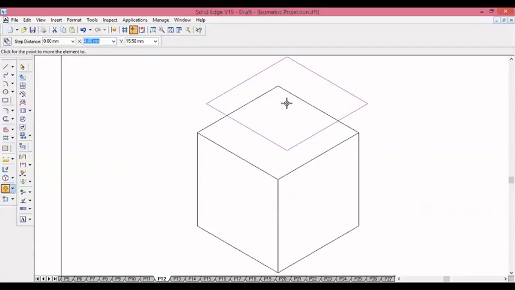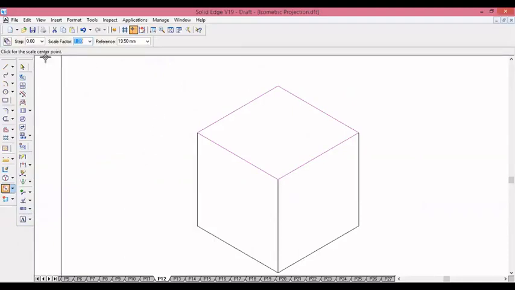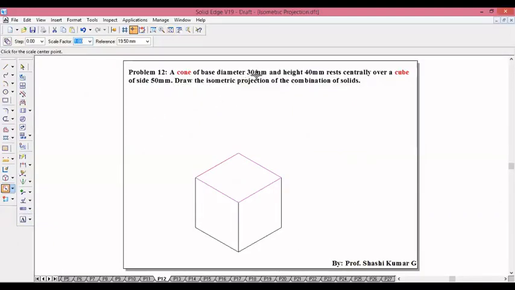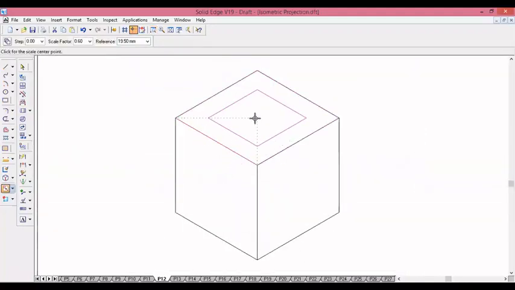From that center, switch on copy and place it there itself, and immediately go for scale factor. The square we need has the cone base diameter 30, divided by the 50 mm square we already have, so 30 by 50, and the center will be the same, so choose this as the center.